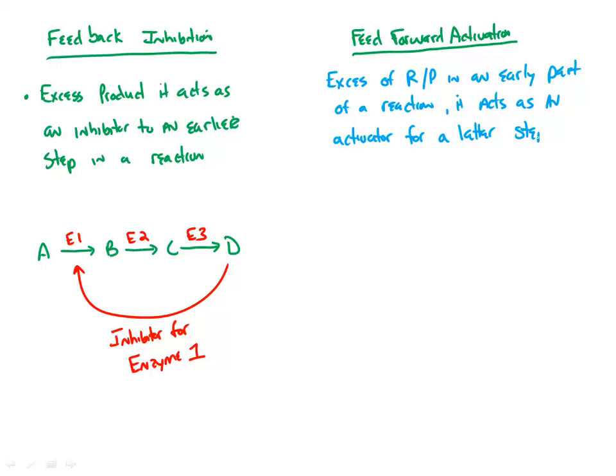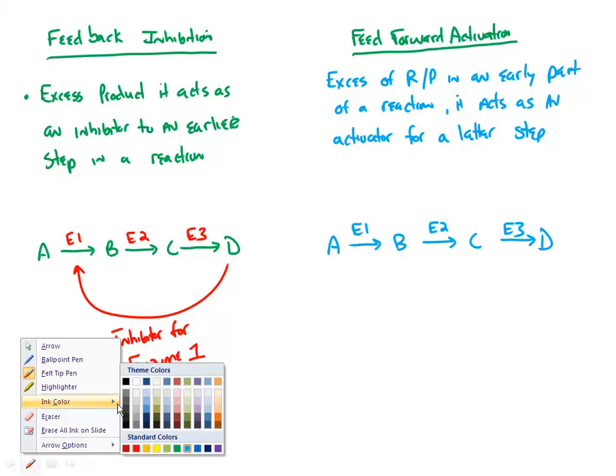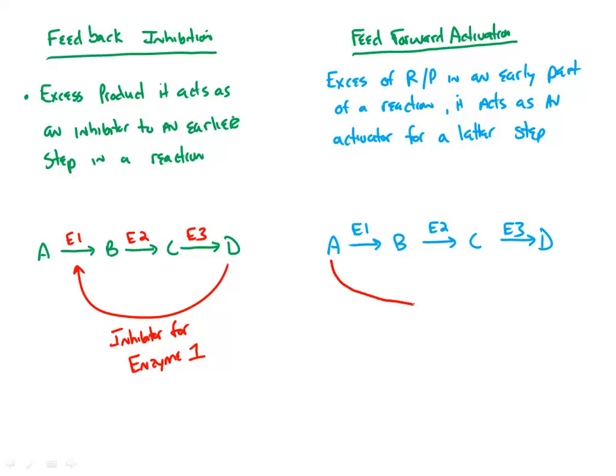So if we take a look at that same idea, I've got A, it's turned into B, turned into C, turned into D. I've got various enzymes controlling it. What feed-forward activation says is that, for instance, molecule A here acts as an activator for this last step here.